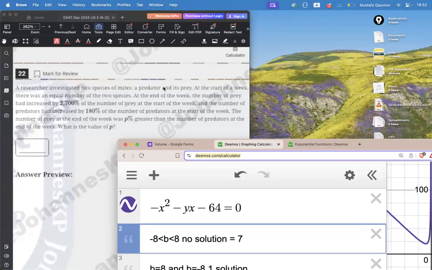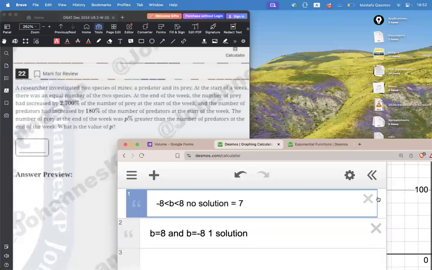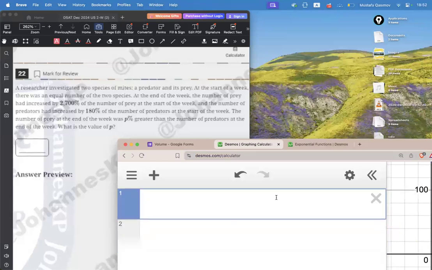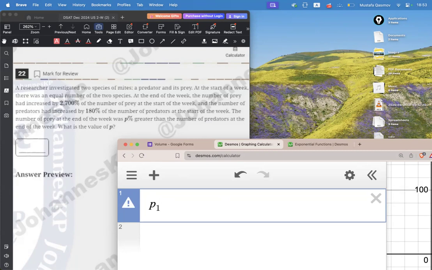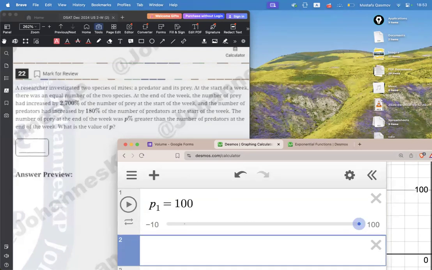Because they are equal at the start of the week, let's take both of them equal to 100. P1 is equal to 100. P2 is equal to 100. It is predator, by the way.